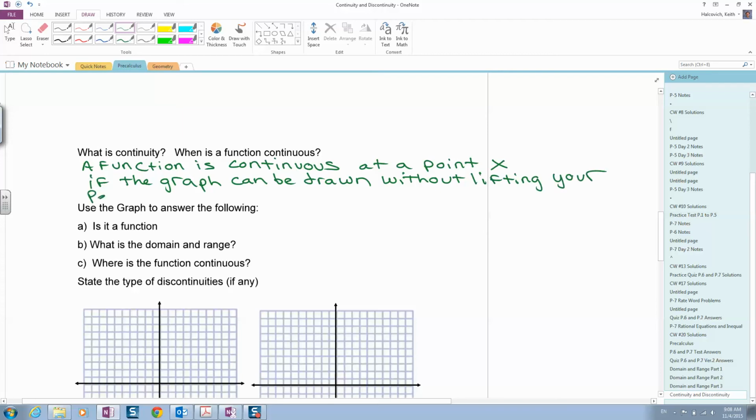So basically, a graph is continuous if you can just draw it without lifting your pencil.